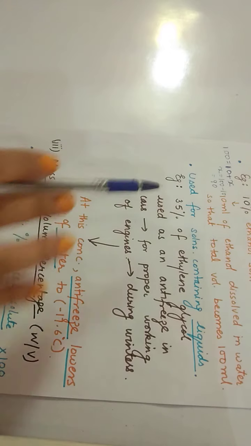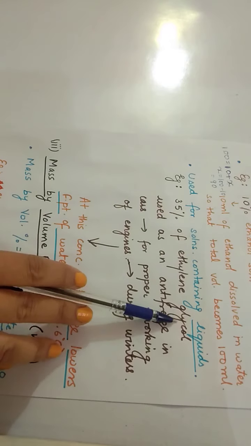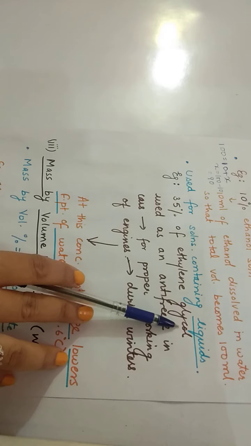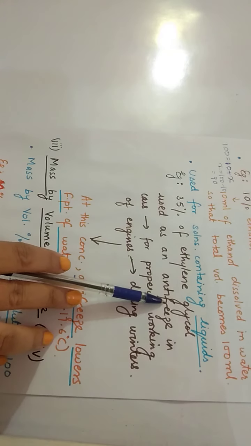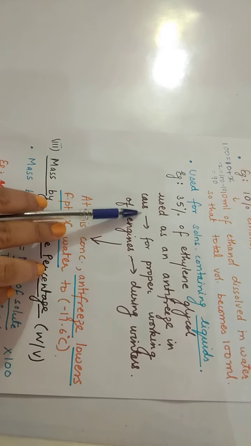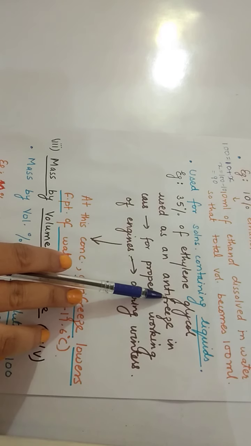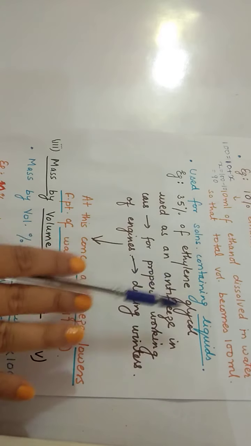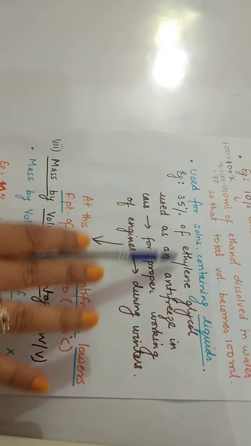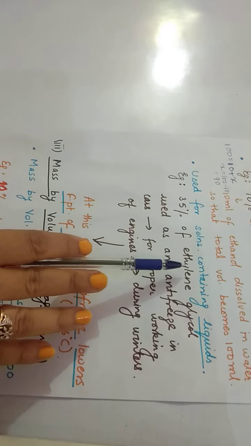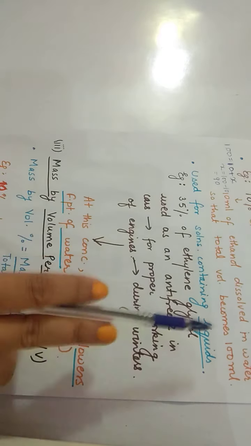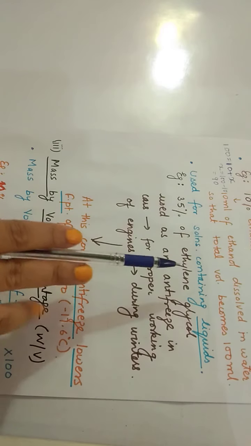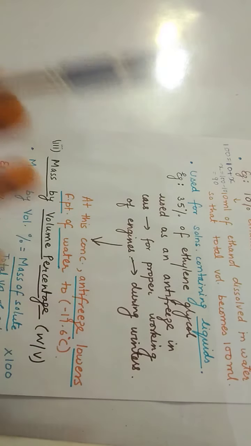So the example is 35% of ethylene glycol. 35% of ethylene glycol is used as an antifreeze in cars. As you know, during the winters, the engine gets jammed. To prevent that, we add 35% of ethylene glycol, which lowers the freezing point of water.